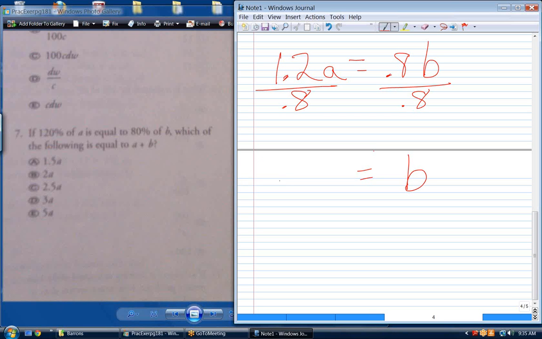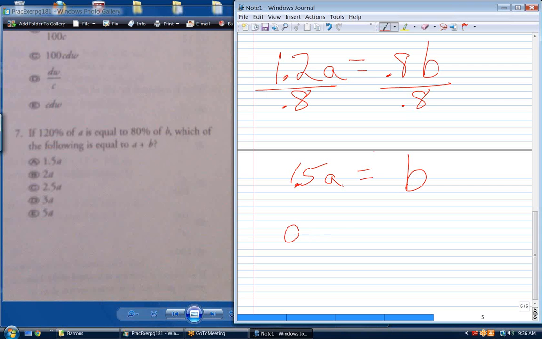So if I get an answer like 0.15, I'm off by a magnitude of 10. There's no way that a bigger number, 1.2, can be divided by a smaller number, 0.8, and be less than 1. So I know my decimal point's off. So that decimal point's got to go right there. So it's 1.5A. So that's what B is.